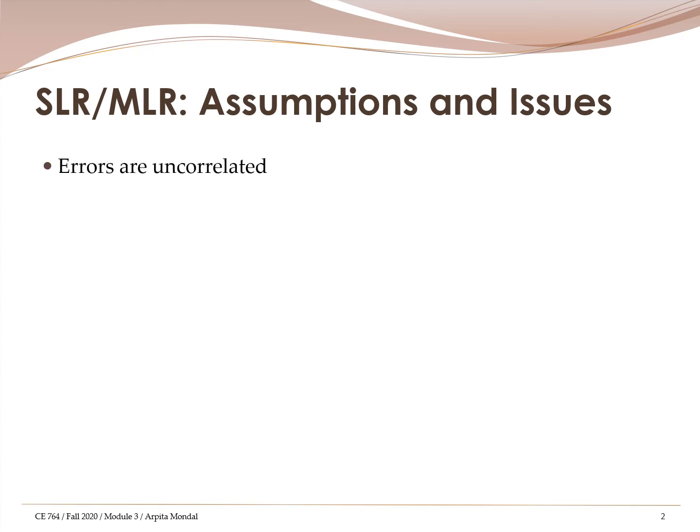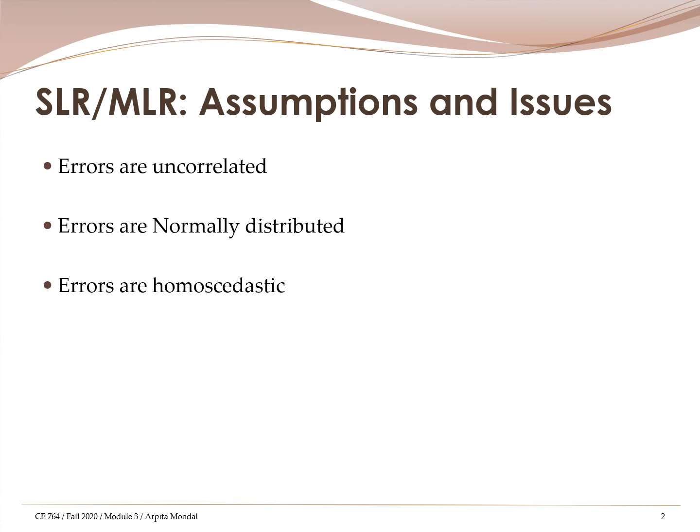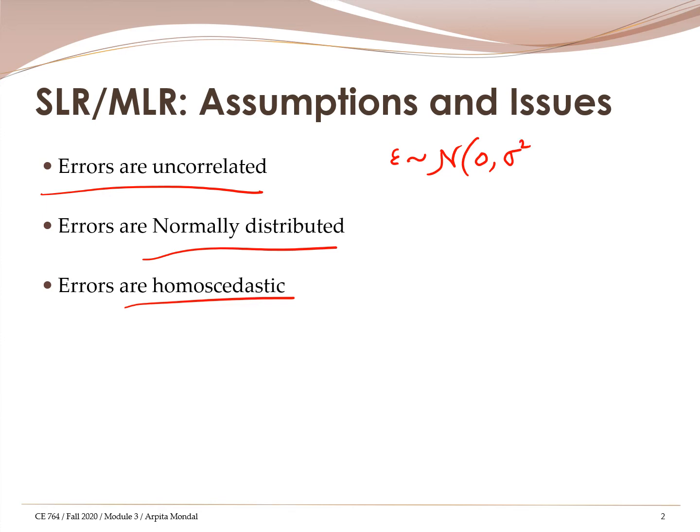So about the errors, of course, we have made three important assumptions. The first one is that errors are uncorrelated, then they are normally distributed, and they are homoscedastic. So essentially the error terms are white noise, so mean zero, variance sigma square, and they are IID normal, independent and identically distributed with the normal distribution.